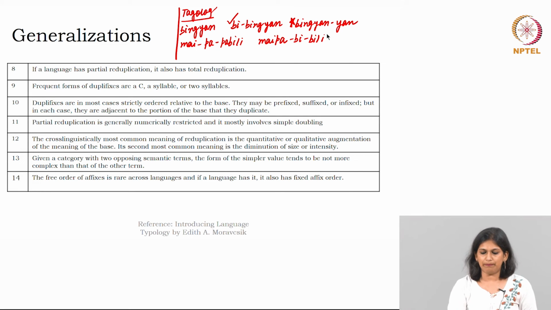So, this pa has changed into bi, and you see that whenever this duplification is happening, it is primarily related to the base form. So, it has to be adjacent to the base, clear.